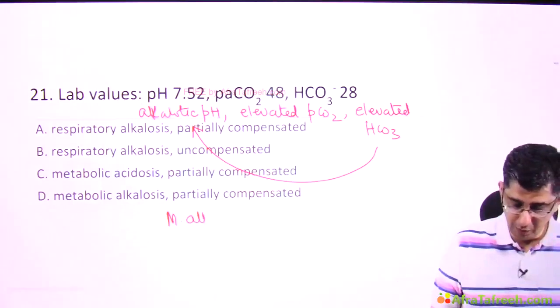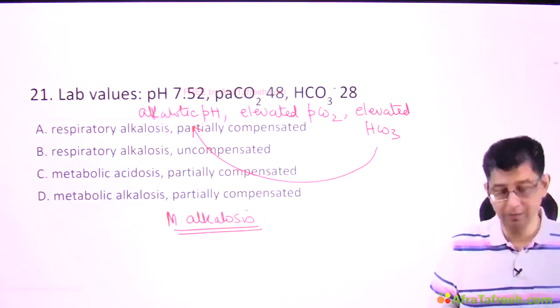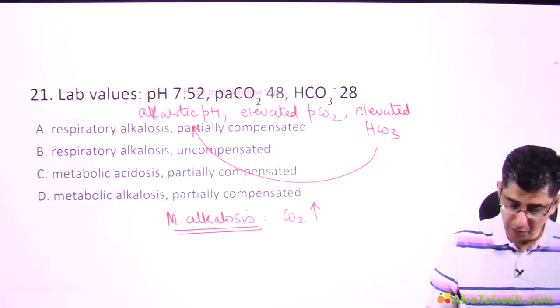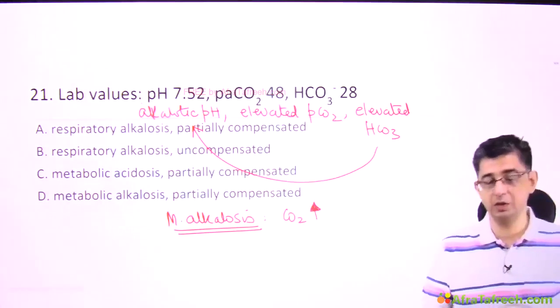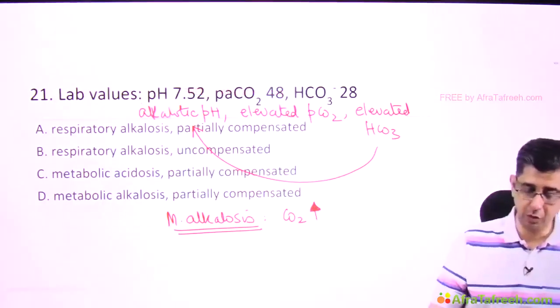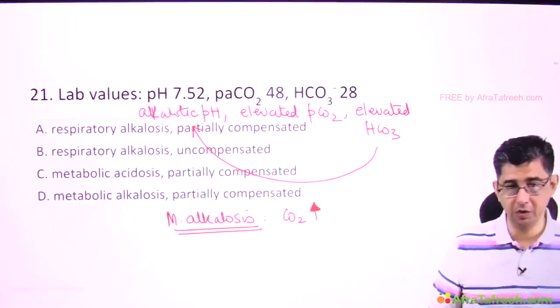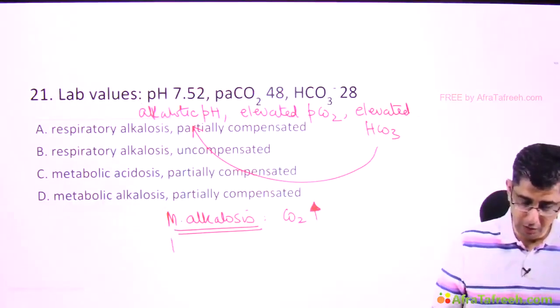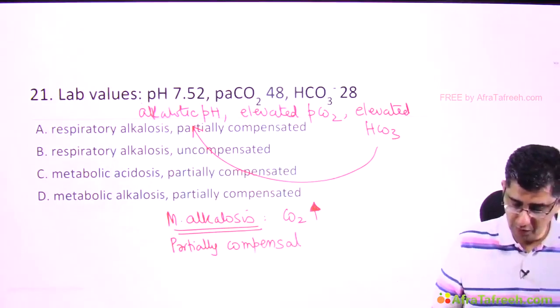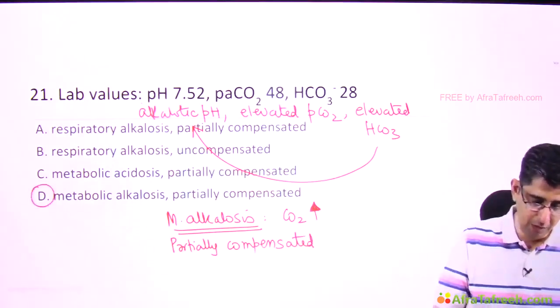In all patients of metabolic alkalosis, the value of carbon dioxide in the body should begin to rise. This carbon dioxide will begin to rise since the patient will be having a compensatory process by the name of respiratory acidosis. Since in this patient PCO2 is slightly elevated, that means compensation process has occurred. Therefore, this patient will be answered as having a partially compensated metabolic alkalosis. That would be choice number D in this particular question.